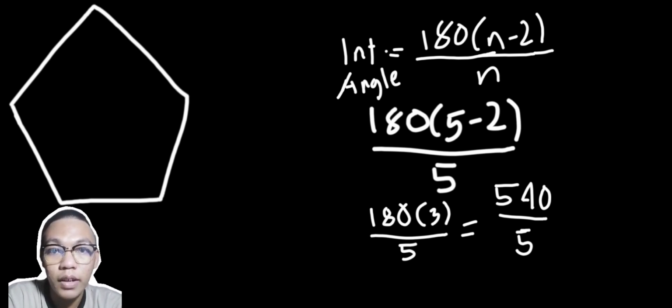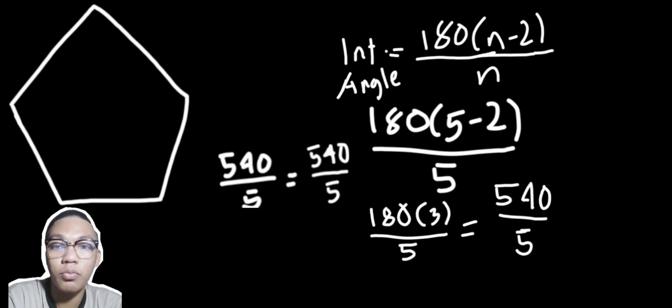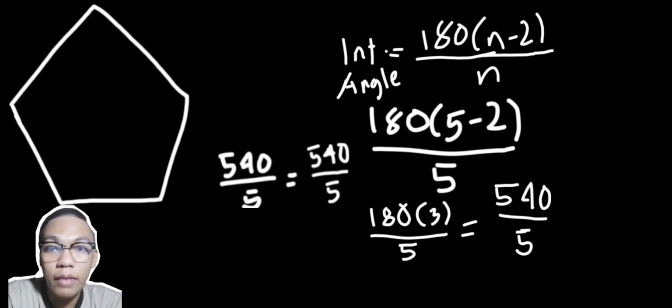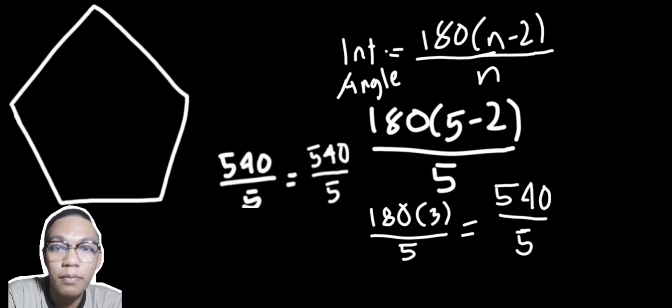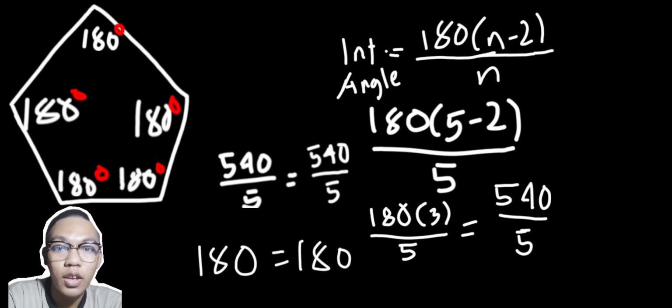To find the measure of each interior angle, we simply divide by 5. 540 divided by 5 is 108. So the measure of each interior angle is going to be 108 degrees. And so that's the formula to calculate the measure of each interior angle for a regular polygon.